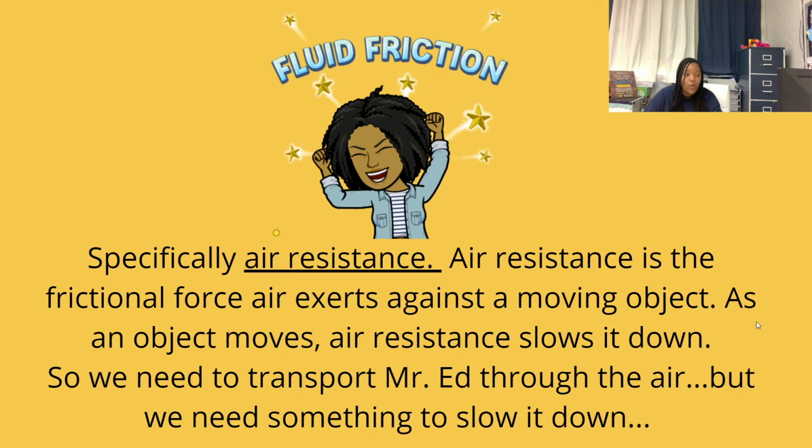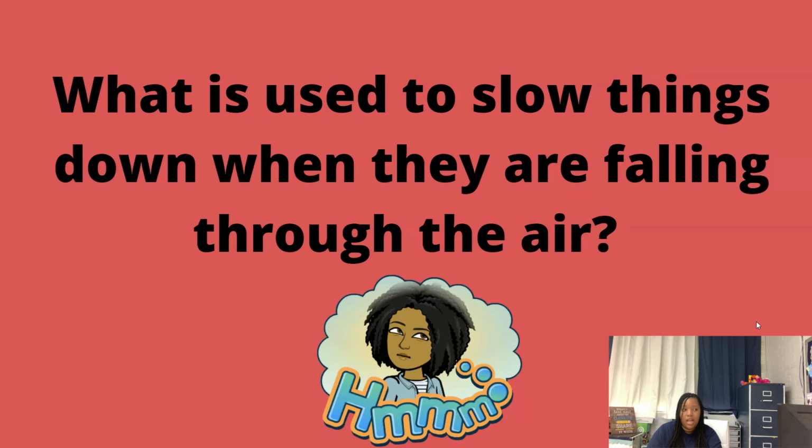So we need to transport Mr. Ed through the air, but we want something to slow it down because we can't just throw Mr. Ed through the air. No, we need a specific vessel, a specific tool to get him down there safely. So, what is used to slow things down when they are falling through the air? Think back to that example during our investigation.